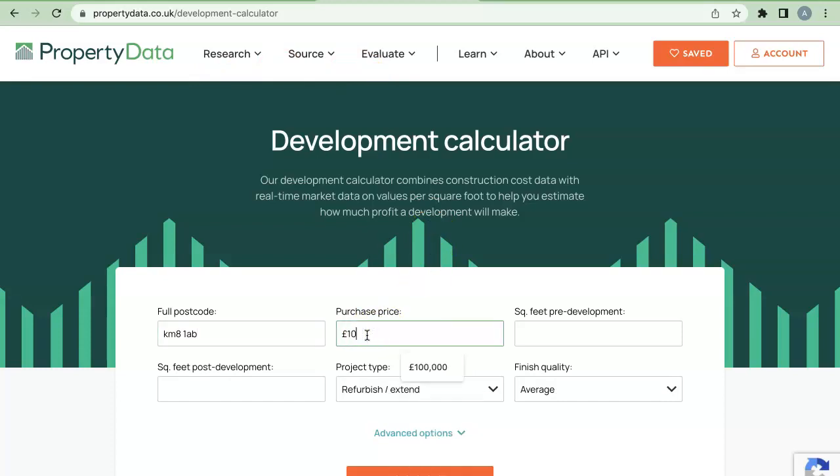We'll just put a notional price in at the moment for purposes of modelling, and we'll just assume this is correct.